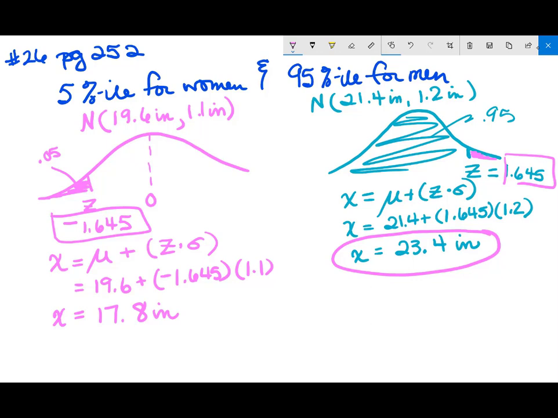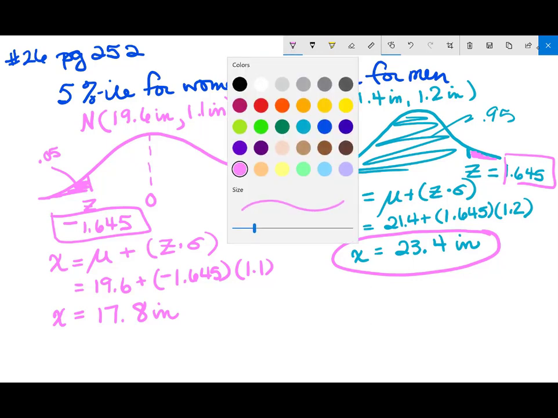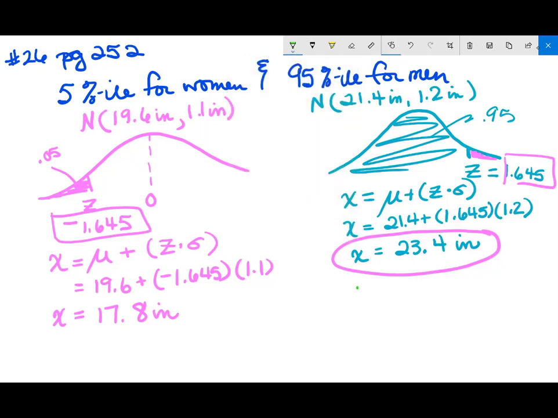What percentage of men fit this table and what percentage of women fit this table? Okay, so we have 23.5 inches. So when x equals 23.5, what's the probability? Who can fit under it?